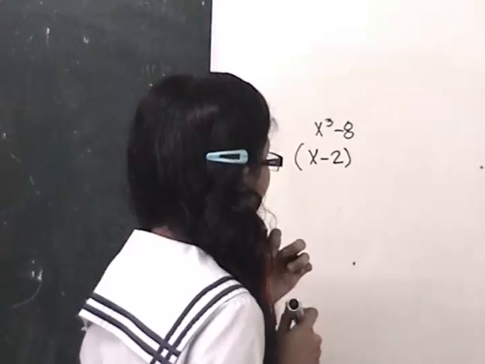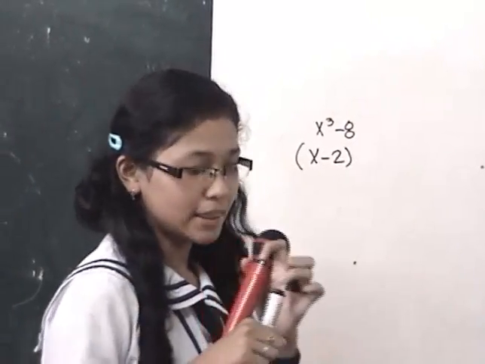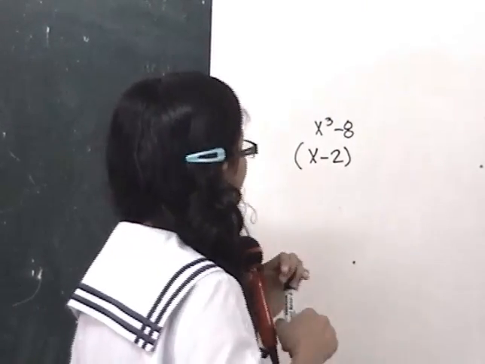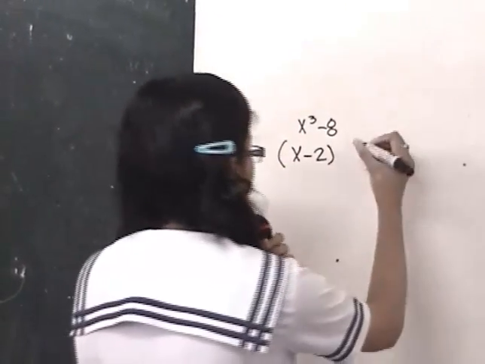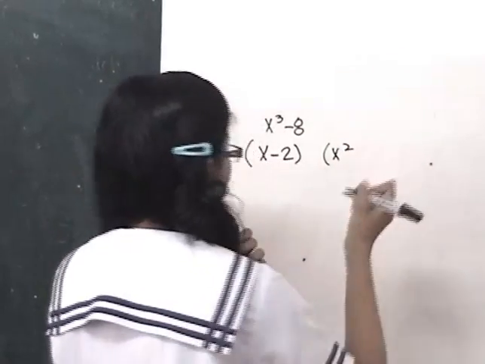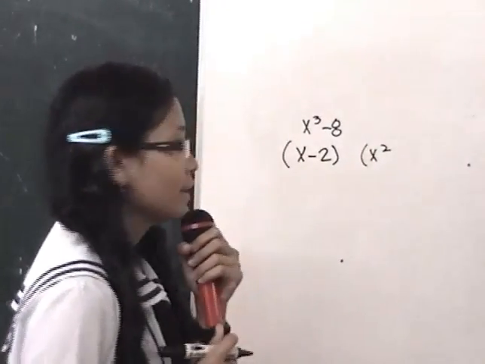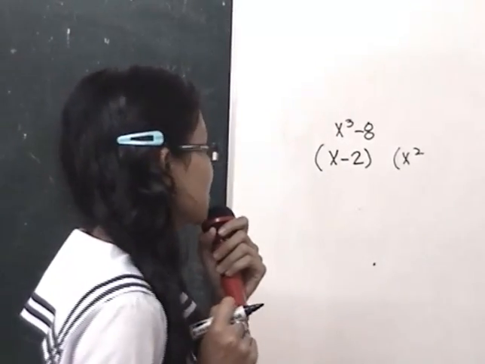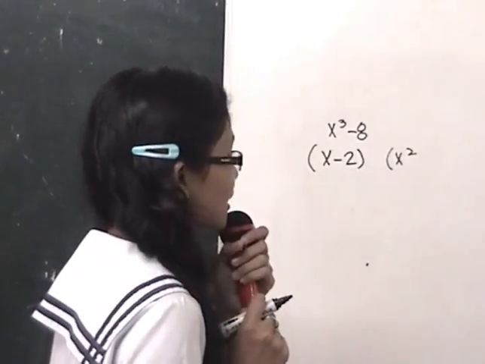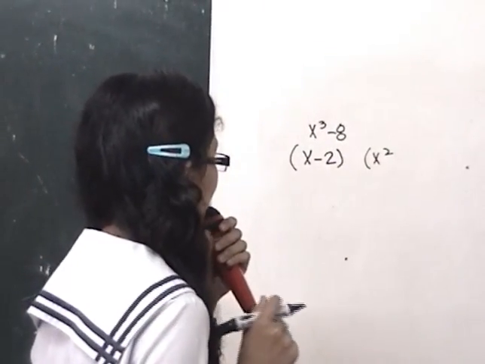To get the trinomial factor of x cubed minus 8, square the first term of the first factor, which is x squared. And to get the middle term, get the product of the first term and the second term of the first factor, but the sign of it is the opposite.